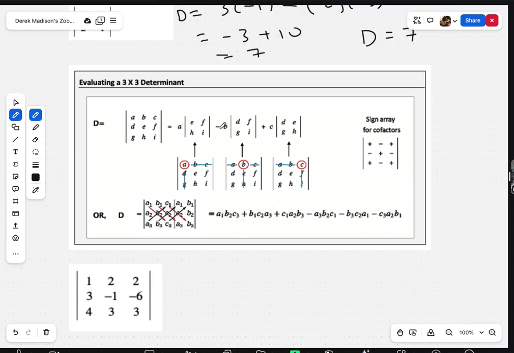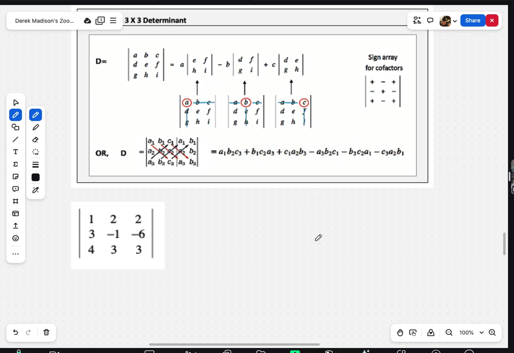As long as we are expanding along the top row, the only one you have to worry about is you're going to take the opposite of whatever's there in the middle. So let me show you what that would look like for this version. Most people like this next version better, believe it or not. Still looks bad, but either of these are helpful when you get to, like I said, doing cross products with vectors in a future class.